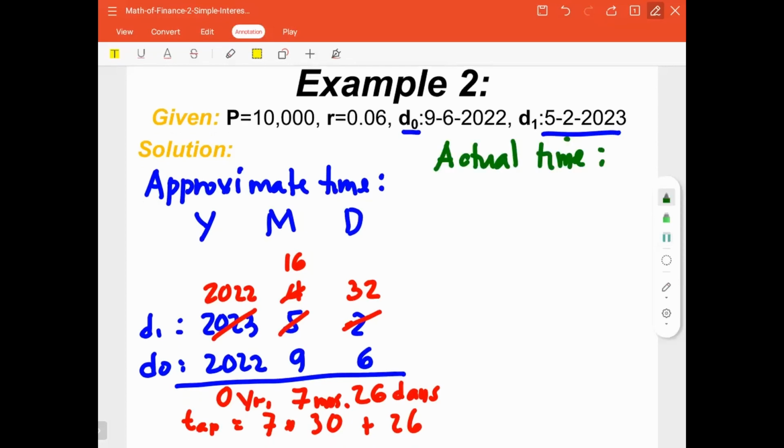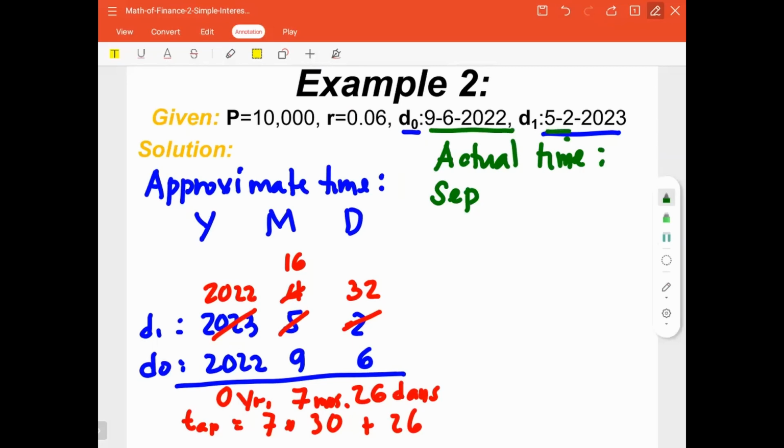Now for this actual time, we start with this initial date or the date of the loan. Okay, so the month there is September, so we'll write September, then write the other months until this May 2 of 2023.